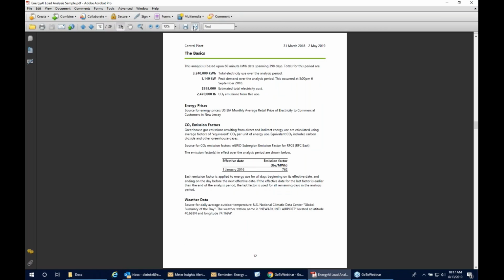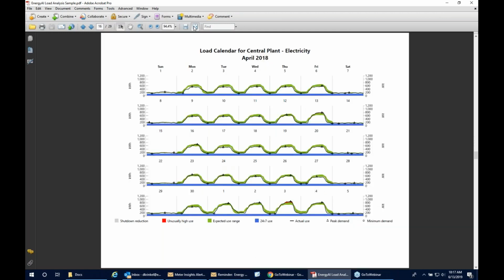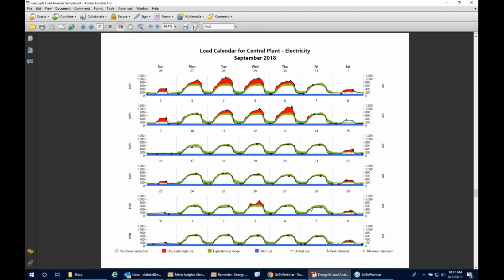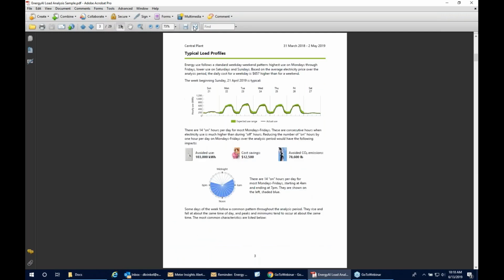The report typically is about 12 pages long, plus then there is what we call the load calendar at the very end of the report, which is very simply 1 page per month showing you how the facility operates, the actual usage. So let me zoom way back to the front and we'll start the tour here. I'm going to drill back in.